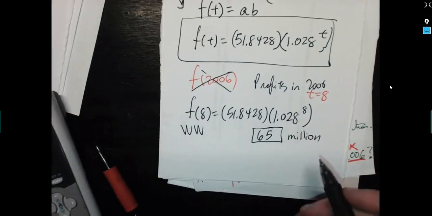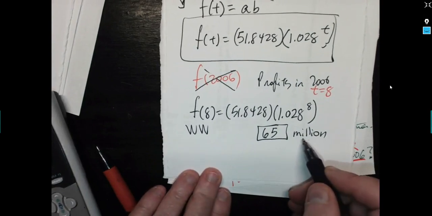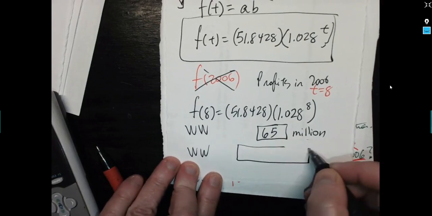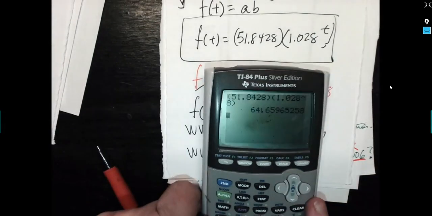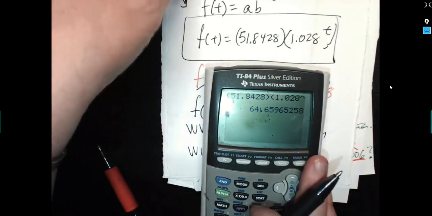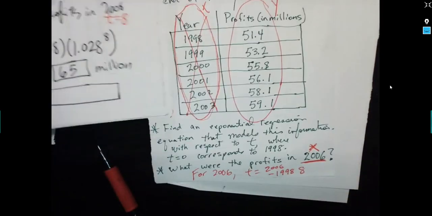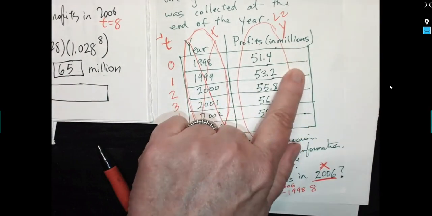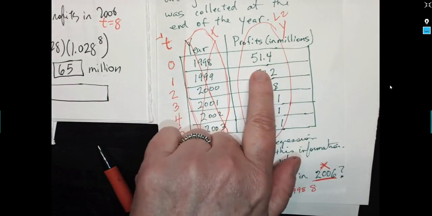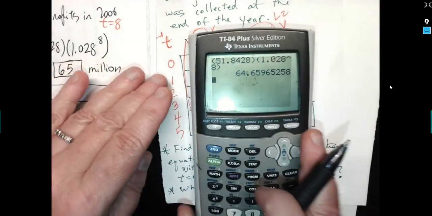Now, if WebWorks does not provide this word million, they want the literal answer. And the literal answer is going to be this number times a million, because, you know, it says profits in millions. And so we understand that 51.4 million were the profits in 1998.